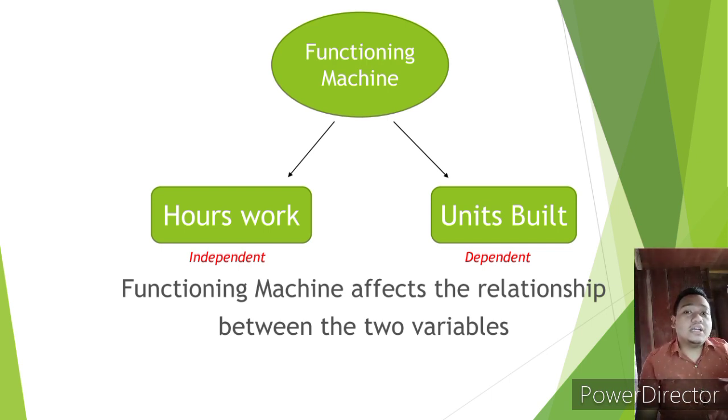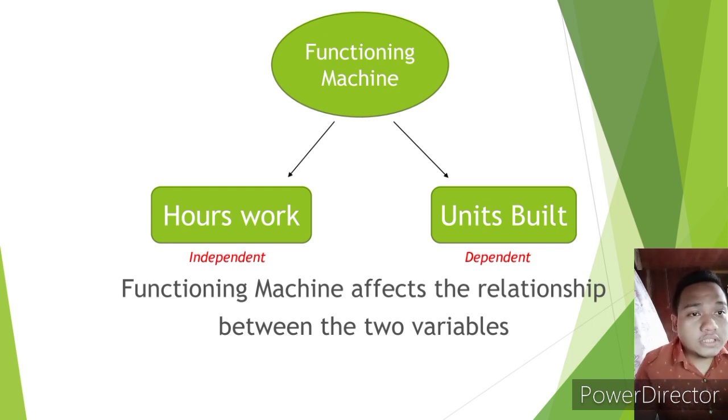It depends on the hours of work whether you can come up with higher units built. If you have higher hours of work, then you have more units built. If you have low hours of work, then you have fewer units built than with more hours of work.